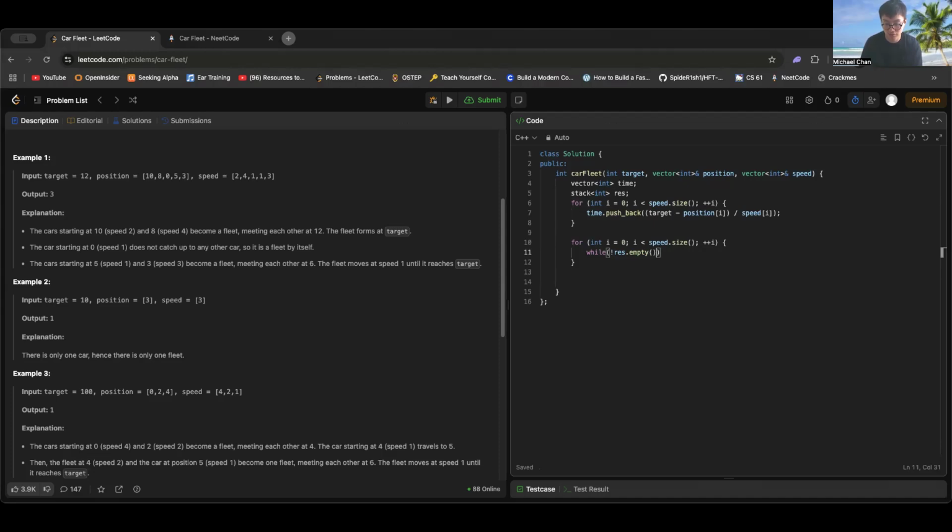while the stack is not empty, and if i is not zero, because if i is zero, then I'll just push it, right?